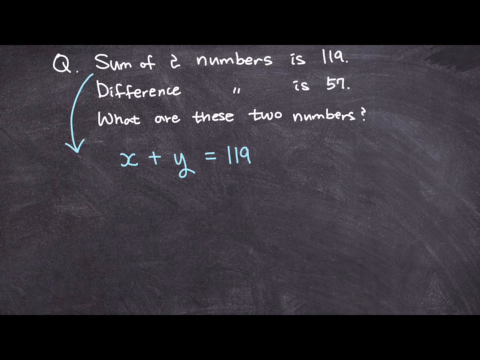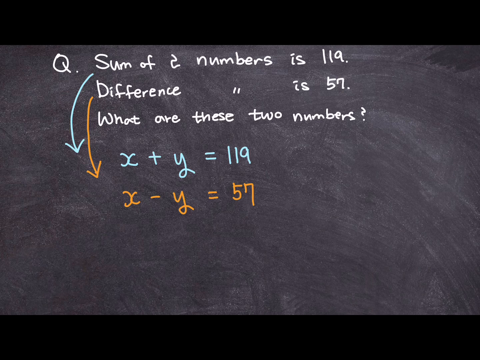And you can come up with another equation with the second sentence right here. Difference of those two numbers is equal to 57, and if I were to express that sentence in equation form, I can say x minus y equals the difference, and the difference is equal to 57.